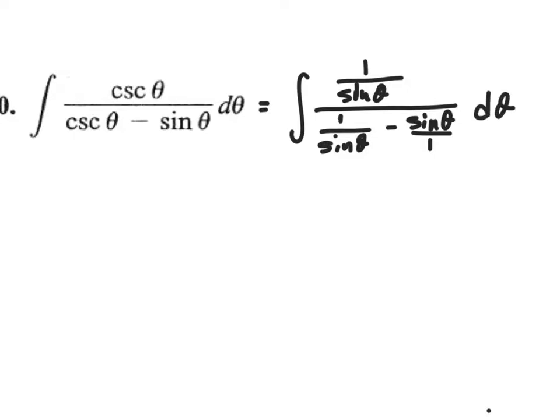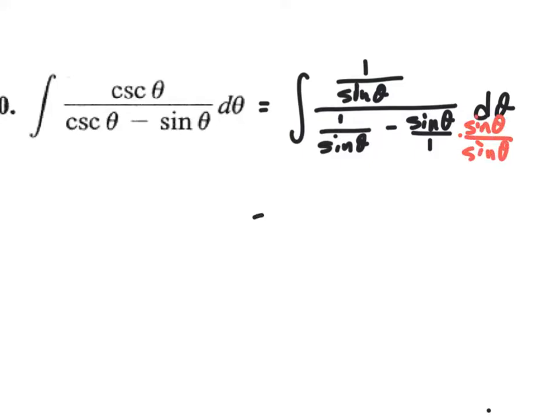The reason I did that is because if I have these multiple fractions down here, I can create a single fraction in my denominator and then do some more arithmetic and simplify it. So I'm going to multiply and get a common denominator down here, multiplying by sine theta over sine theta.